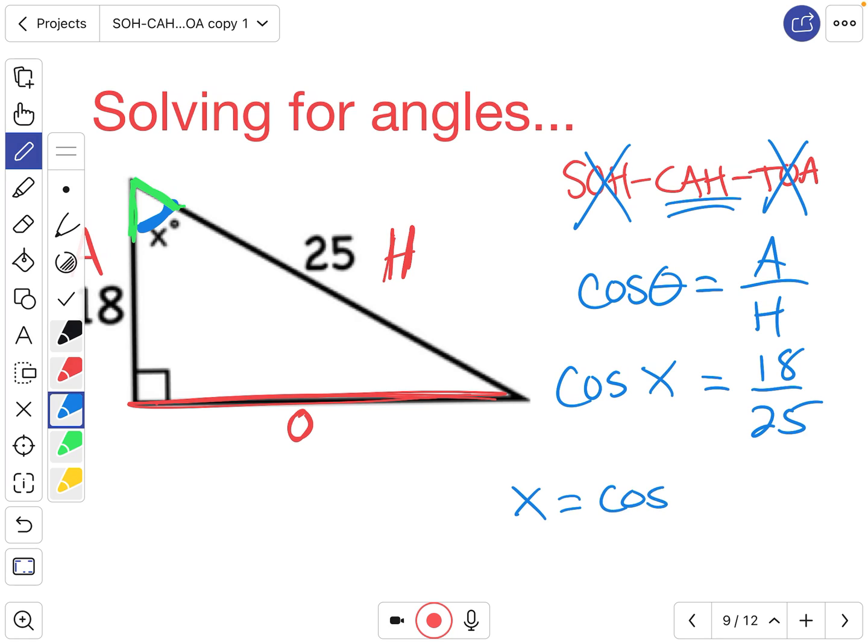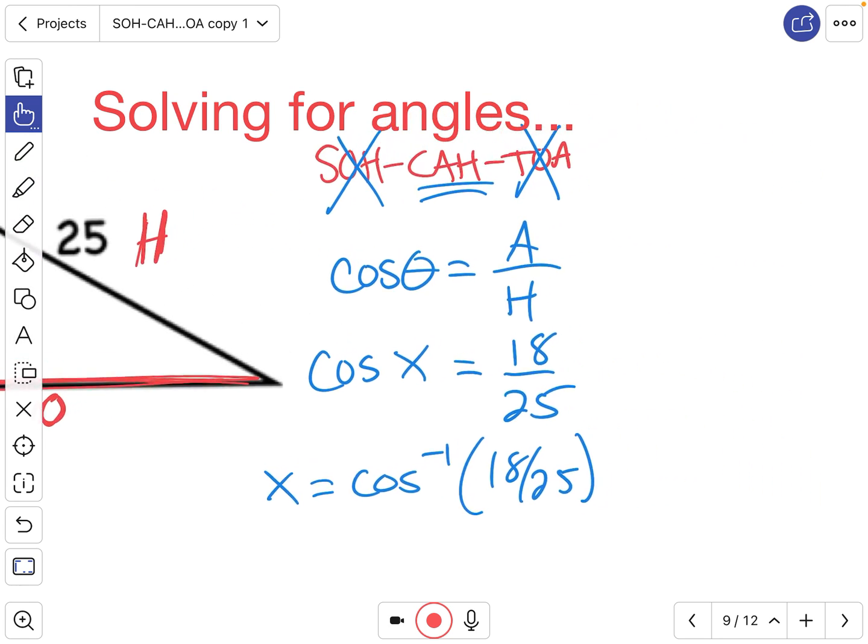Once you set it up, the next step is that x is going to equal the cosine inverse of 18 over 25. We use this little -1 to represent the inverse. Remember, we talked about inverses of functions in quarter 1. It has a similar notation, that little -1 power there to represent the inverse.